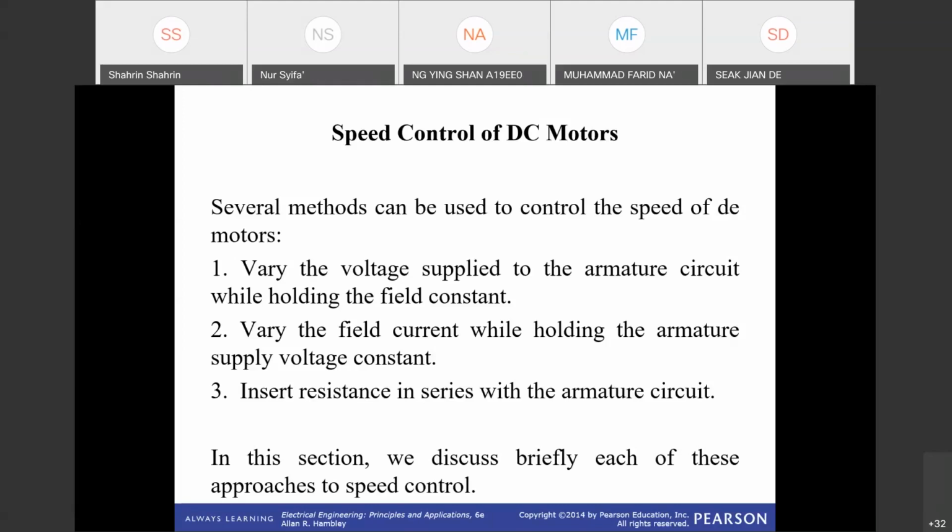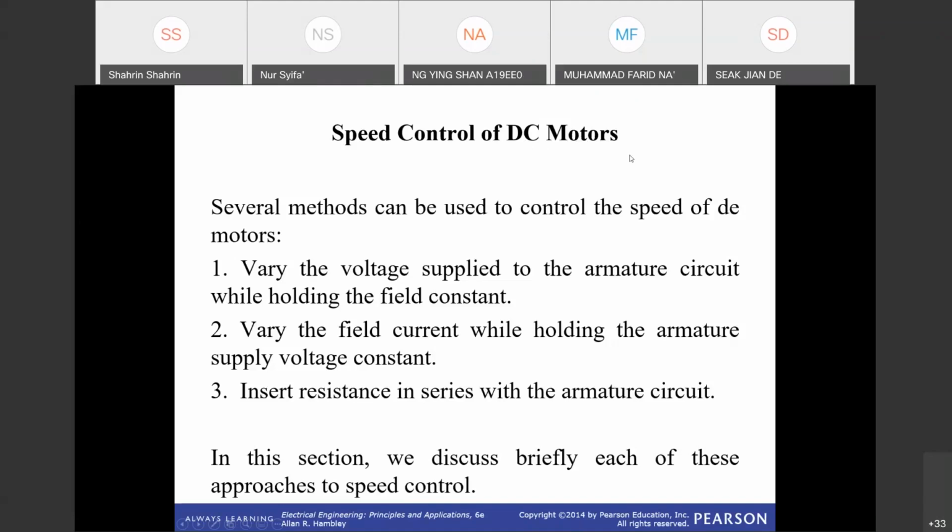In that course, we will meet this DC motor again.